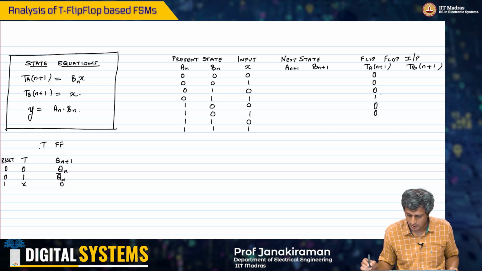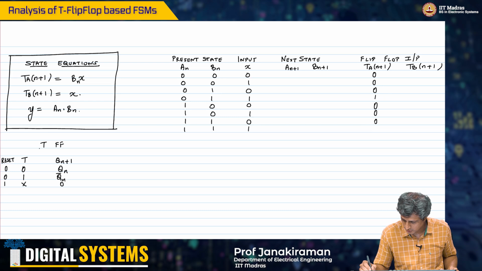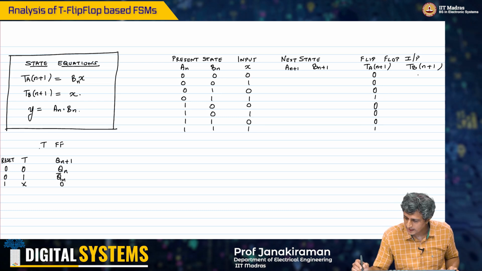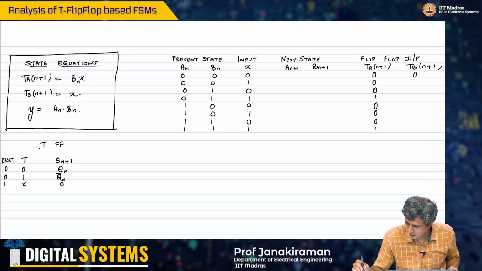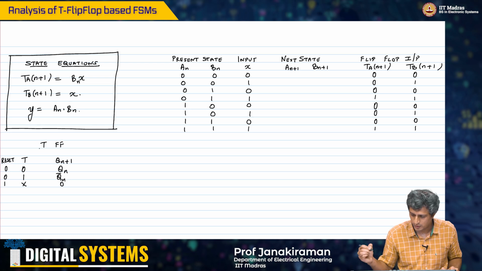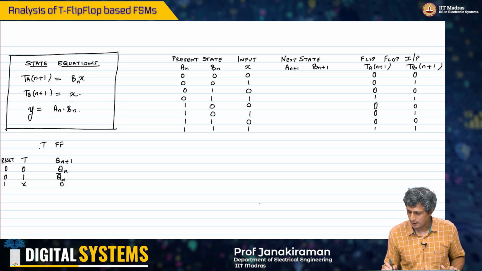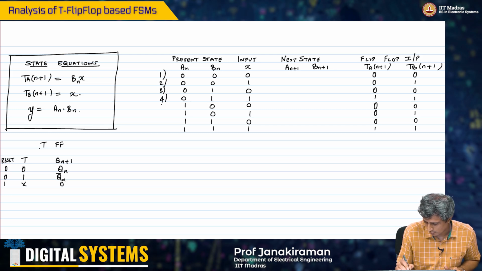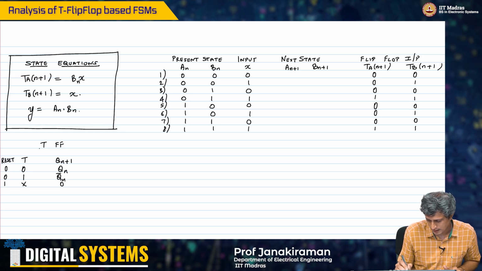Fourth entry will be 1, 0, 0, 0, 1. Likewise, for TB, it is just X. So you just reproduce this. Okay.